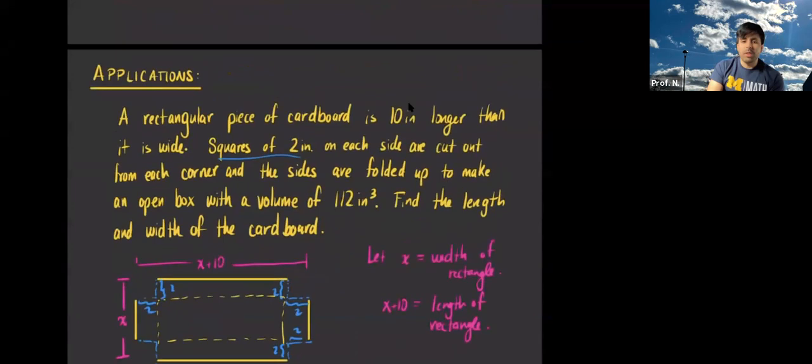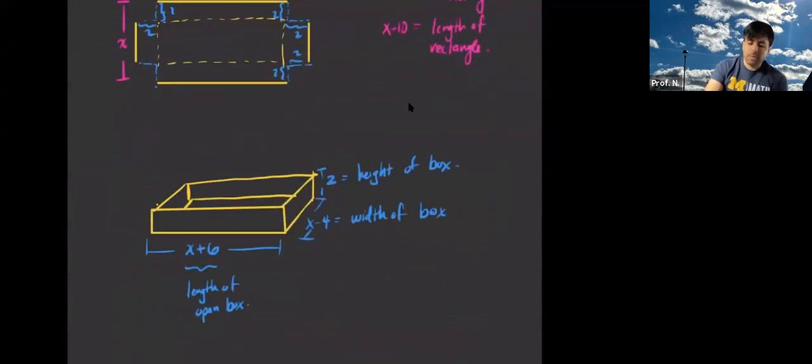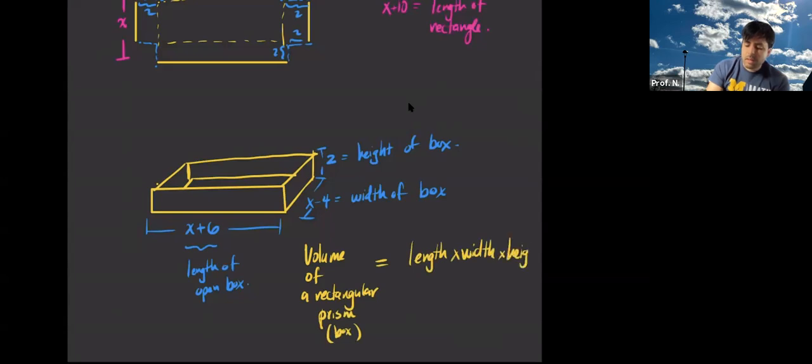And then what's the last thing we know? The volume is 112. How do you find the volume of a rectangular box? The volume of a box, or a rectangular prism as they call it, is equal to the length times the width times the height.